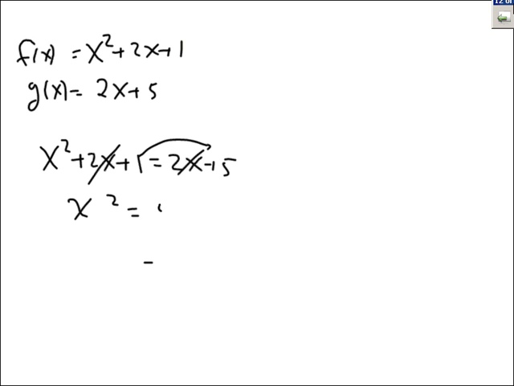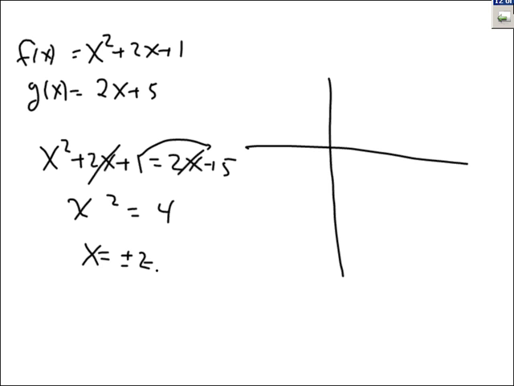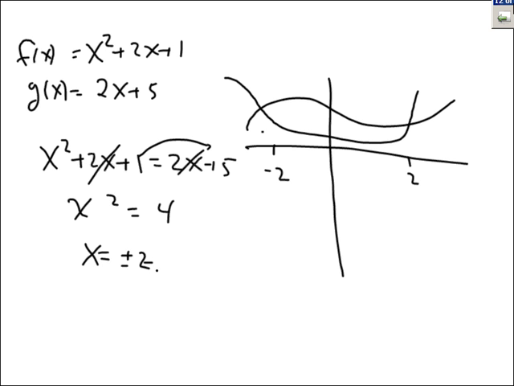So x squared is 4, so x is equal to plus or minus 2. In other words, here's one graph, and the other graph will only cross at negative 2 and positive 2.